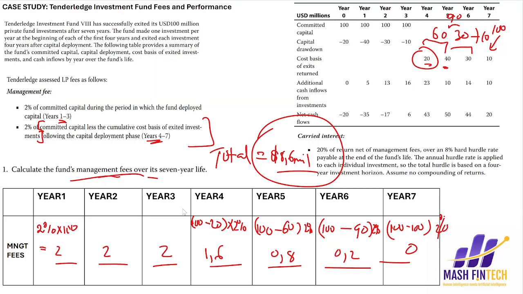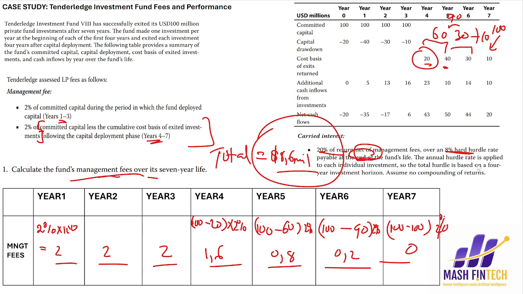Okay, here is 20%, that's the return net of management fees over an 8% hurdle rate payable at the end of the fund's life. So this is payable at the end of the fund's life.